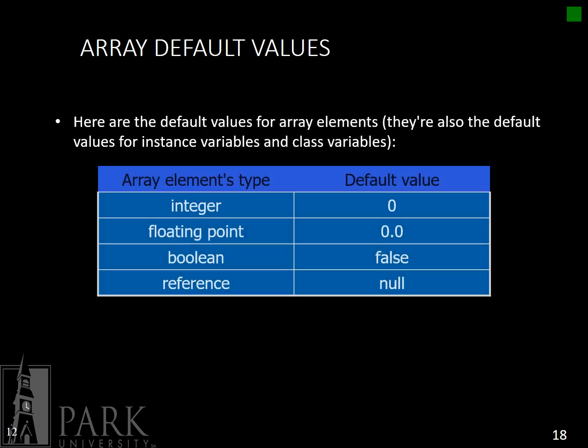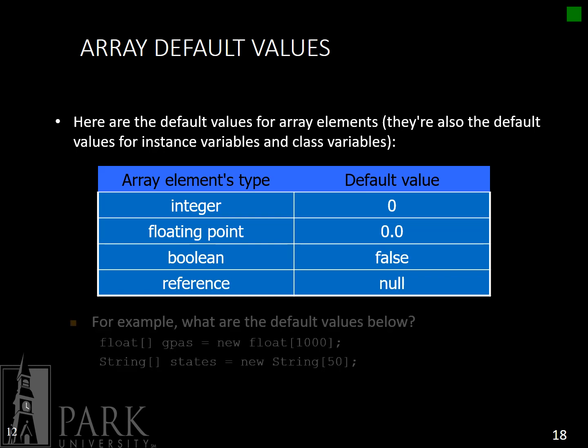You're like, Mr. Willinger, that's confusing, I'm not following. Okay, so here are the default values, and if you remember from last semester, if it's an integer, it gets a value of 0. If it's a floating point, it gets 0.0. Boolean, false, and a reference variable is set to null.